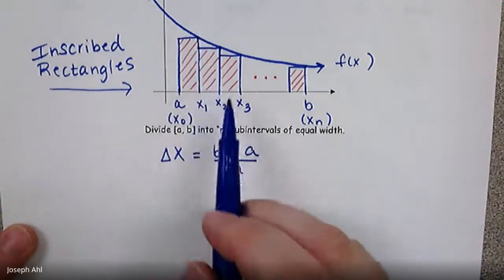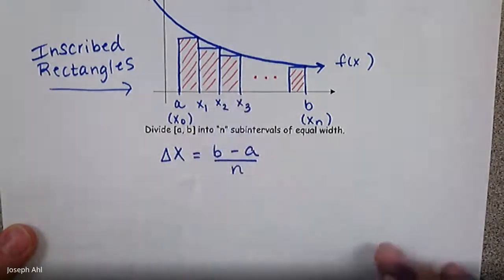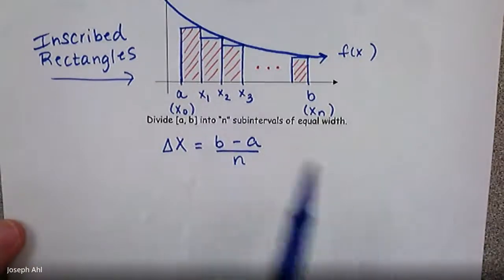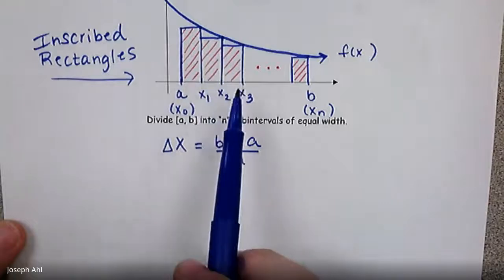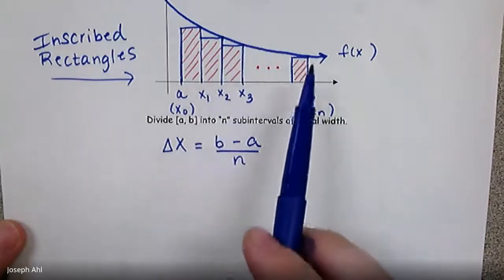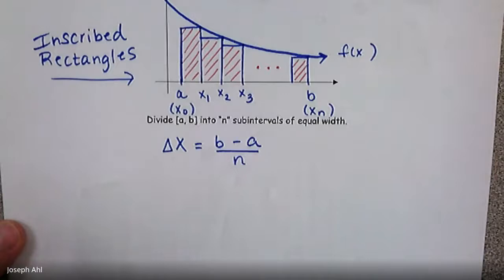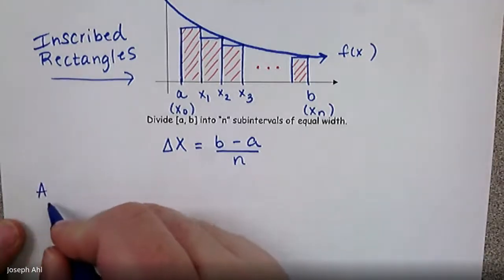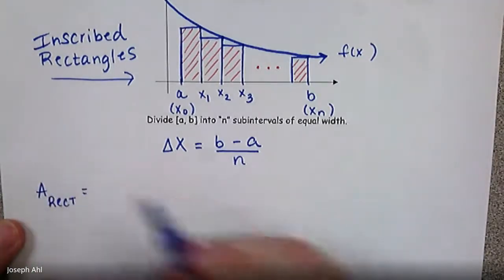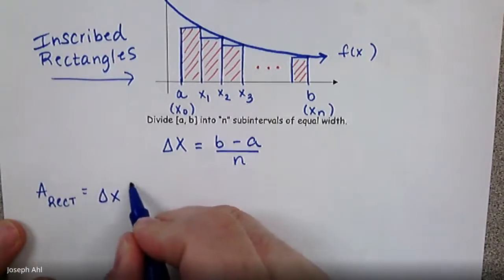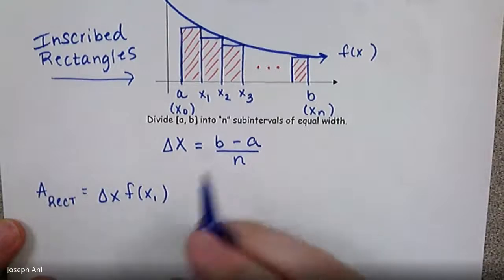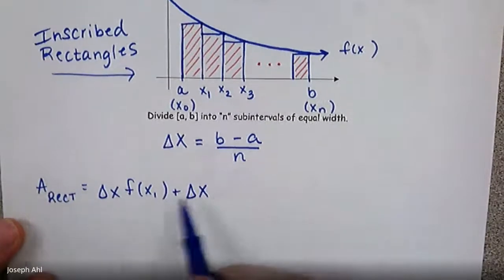And again, to find the height, it's really just an application then of finding the function value at, where's the first height? X sub 1, the second height, X sub 2, the third height, X sub 3, all the way until I get down to that last height at X sub n. So the area of all these rectangles would be, in the first case, delta x times f of x sub 1, plus then the same delta x, right?